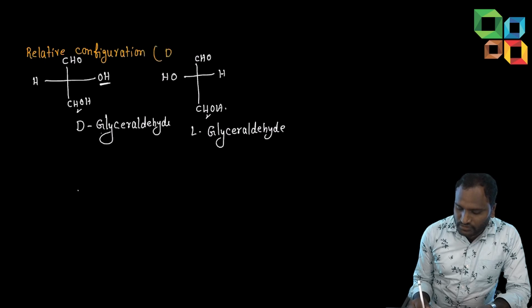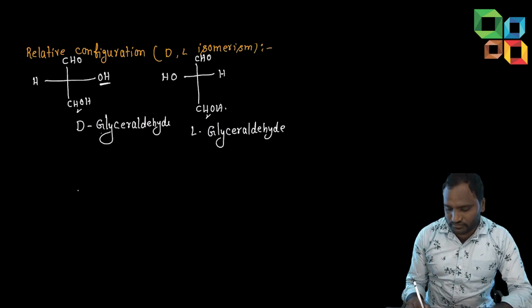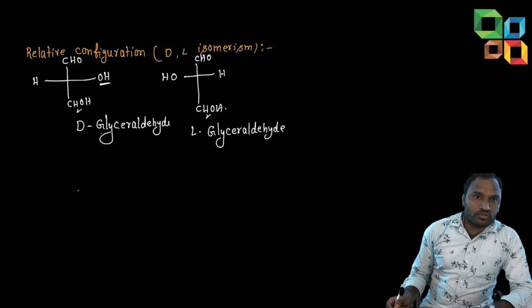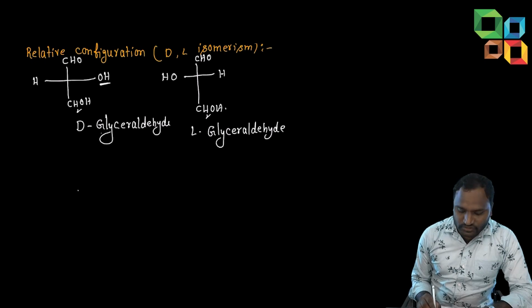You can write DL isomerism. So these are the references. By using this, how to find out the configuration of other substances? I will take a very big molecule.